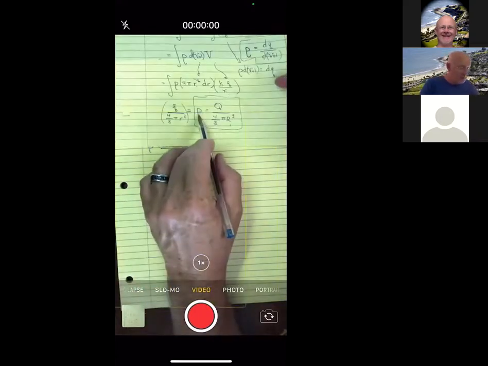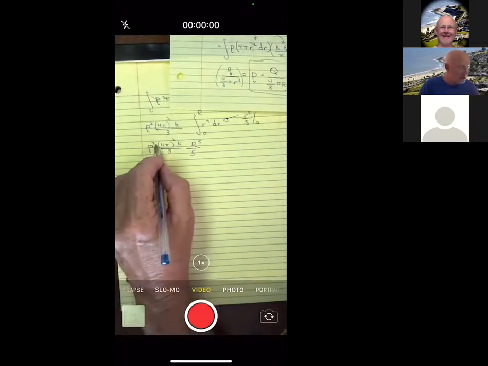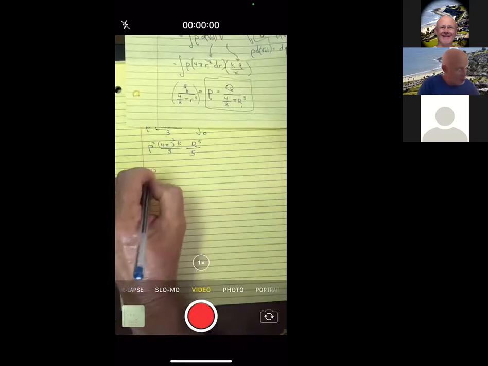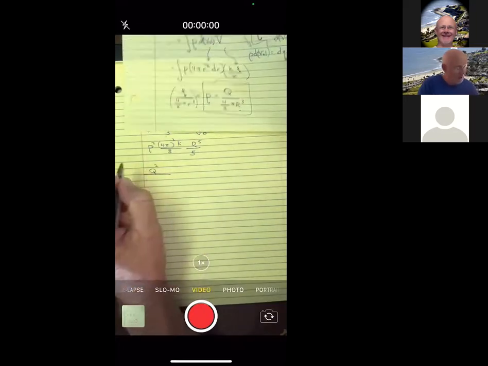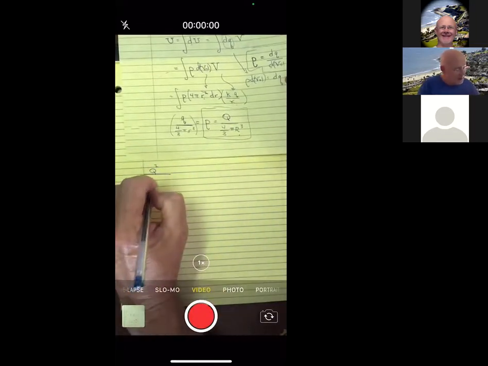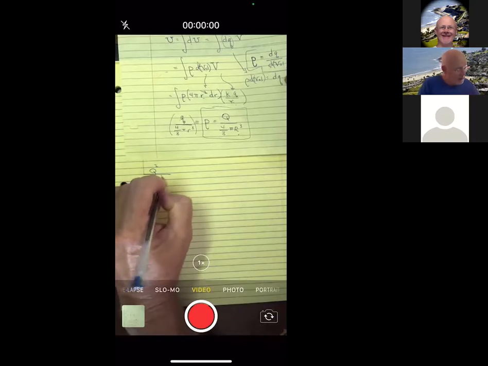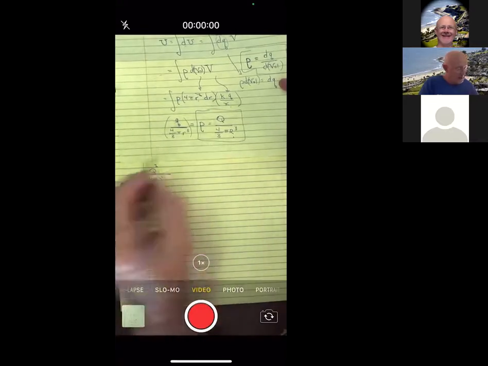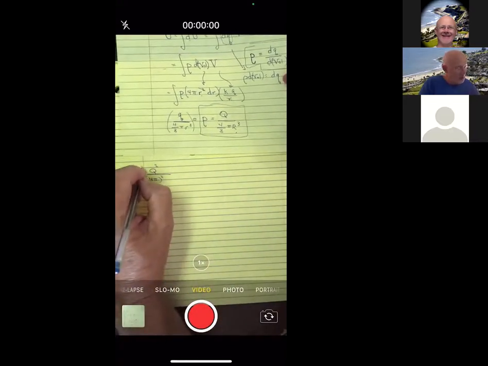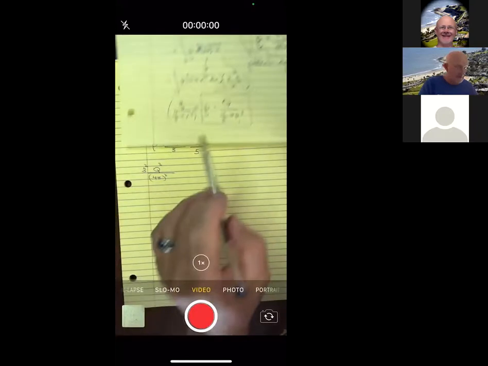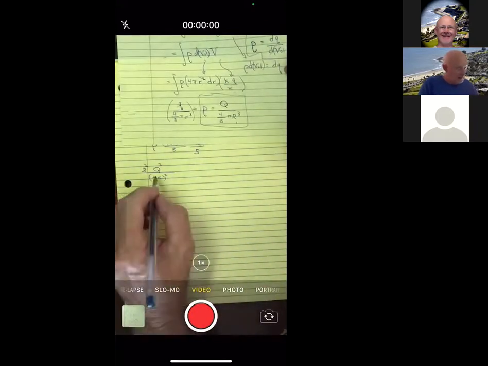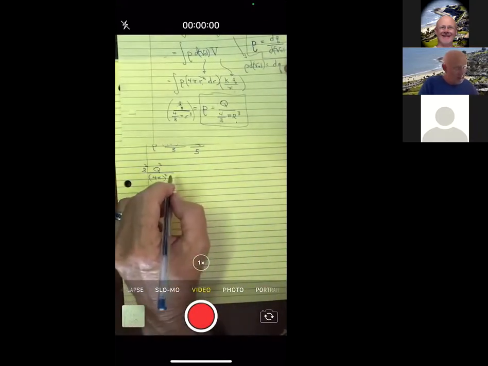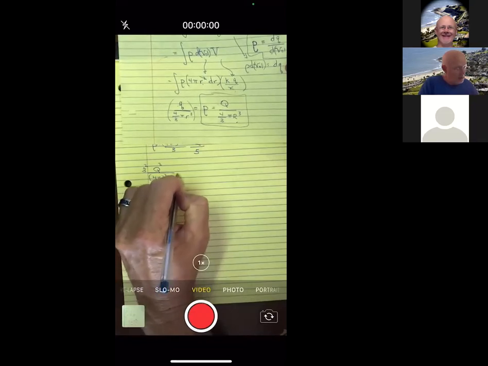So let me replace density squared right here with q squared over 4 pi squared. This 3 would come upstairs, 4 pi squared, and then we would have r to the 6th power.